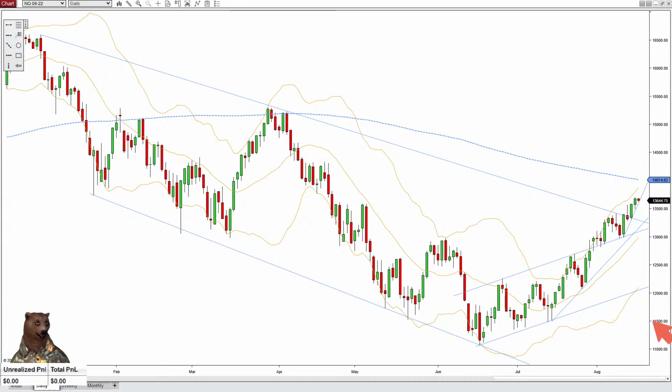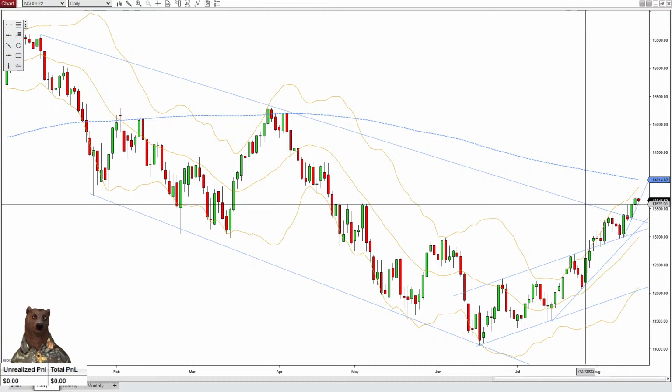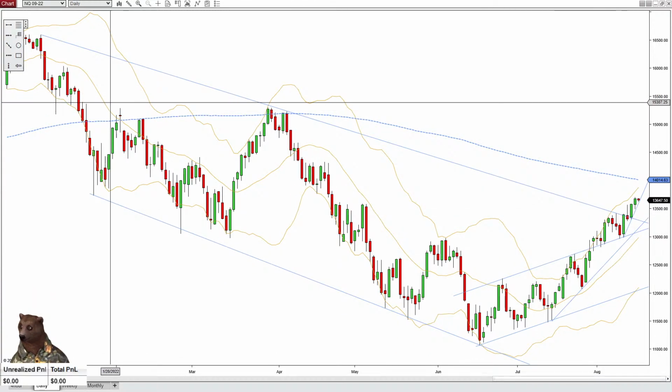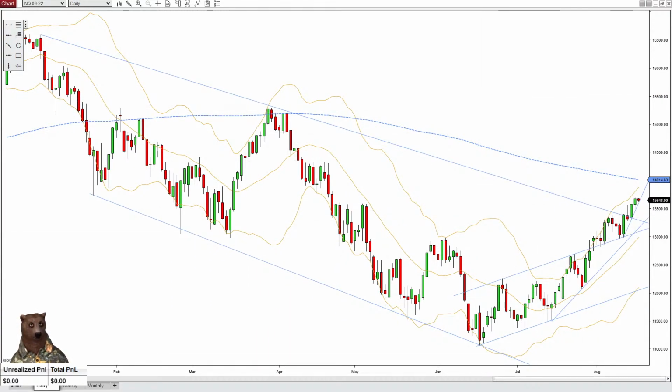That to me signals, when we start to see these fans forming as support, it shows me more aggressive buying coming through, particularly when we broke out of this year-long down channel that we've been in.